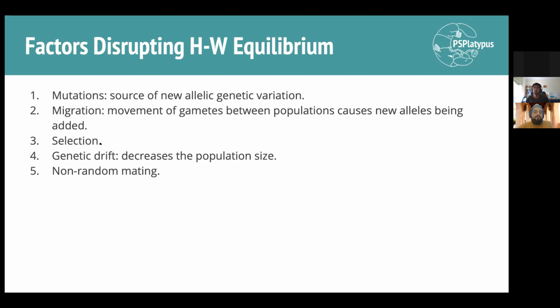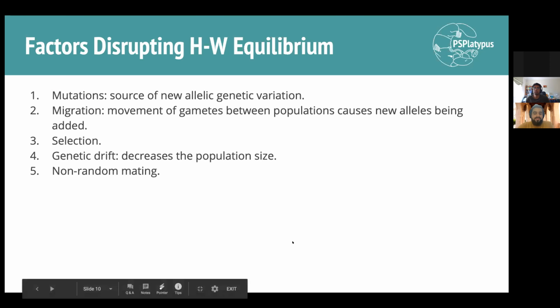Selection, because according to Hardy-Weinberg law, mating must be random, so selection is not considered as random mating. Also genetic drift. We need a large population, and genetic drift will cause the population to decrease in size. Finally, non-random mating. And that's it.